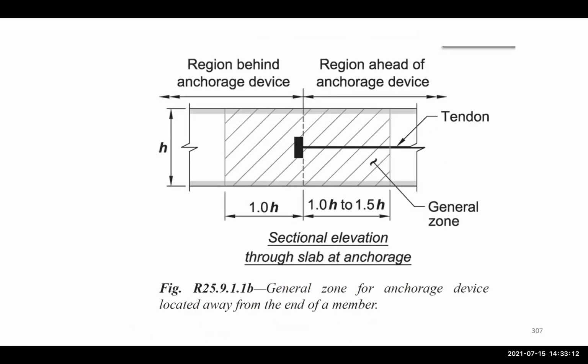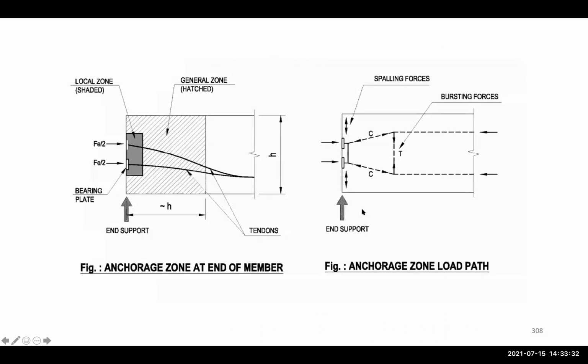Sometimes we have to do anchorage within the slab, and we talked about that in part one, and that is done in such a way. So from this side, due to that effect, we have 1H, and here we have 1H to 1.5H, as I mentioned before.